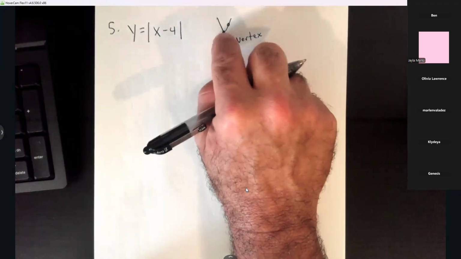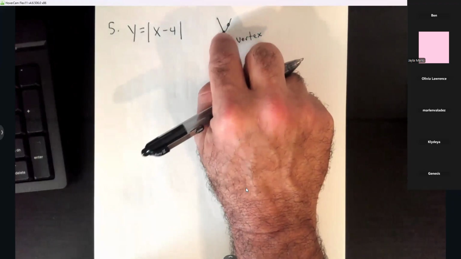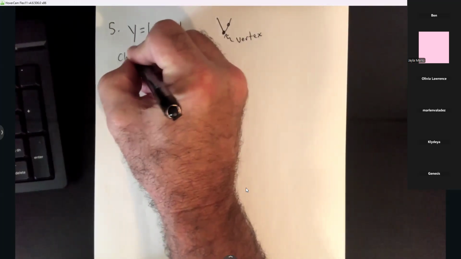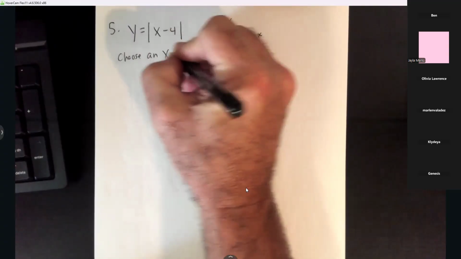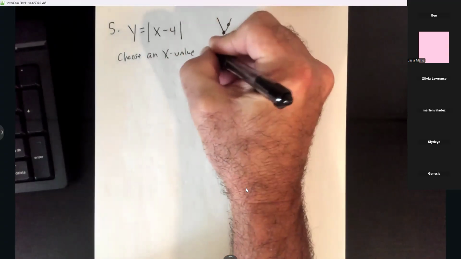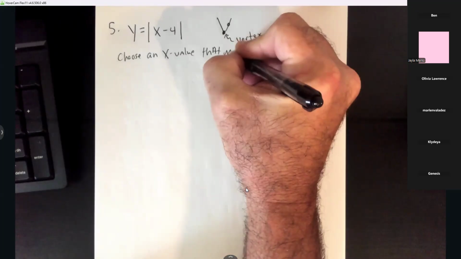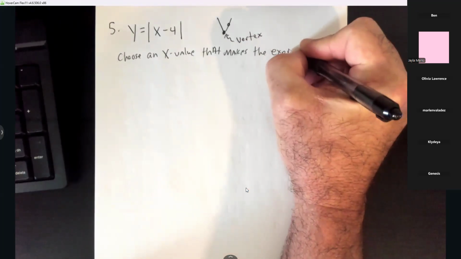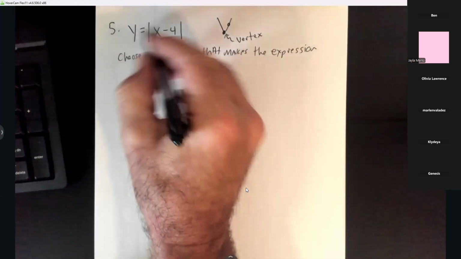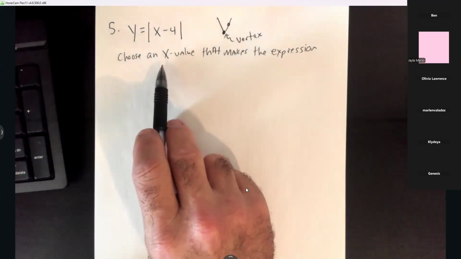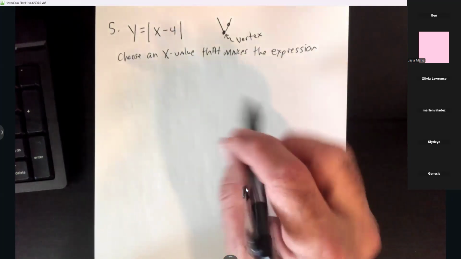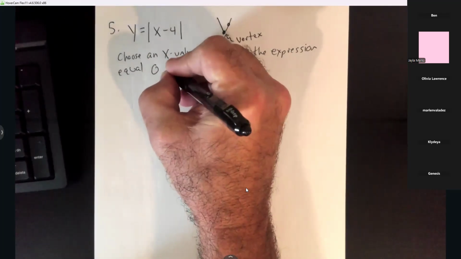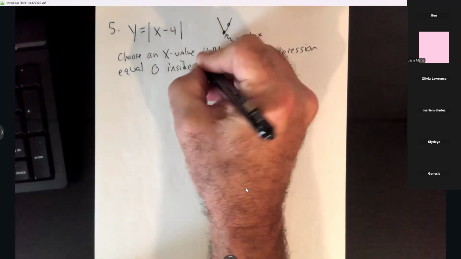So let me tell you how to find the vertex on these graphs. You want to choose an x value that makes the expression, so this is basically an expression, but we want to choose an x value that makes the expression equal 0 inside the absolute value bars.